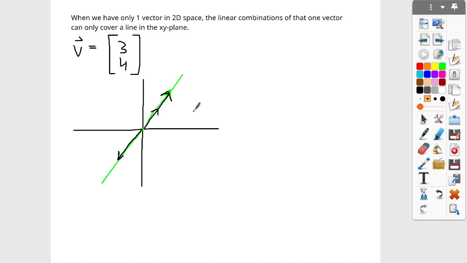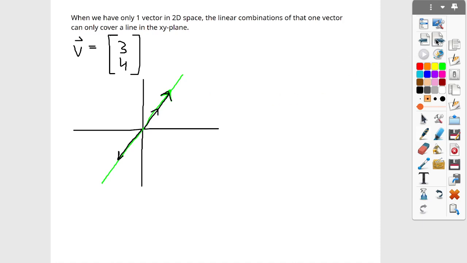So if you have a linear combination of two vectors, now you can add to the other vector. With one vector you can only scale because you're not adding anything. That's the only operation that's allowed under the linear combination that we've established. But with two vectors, you can add to the other vector now.